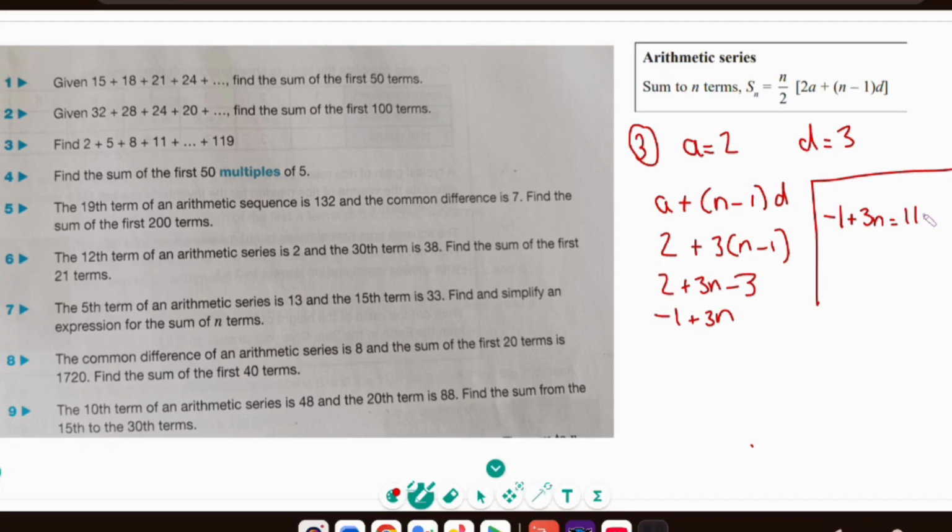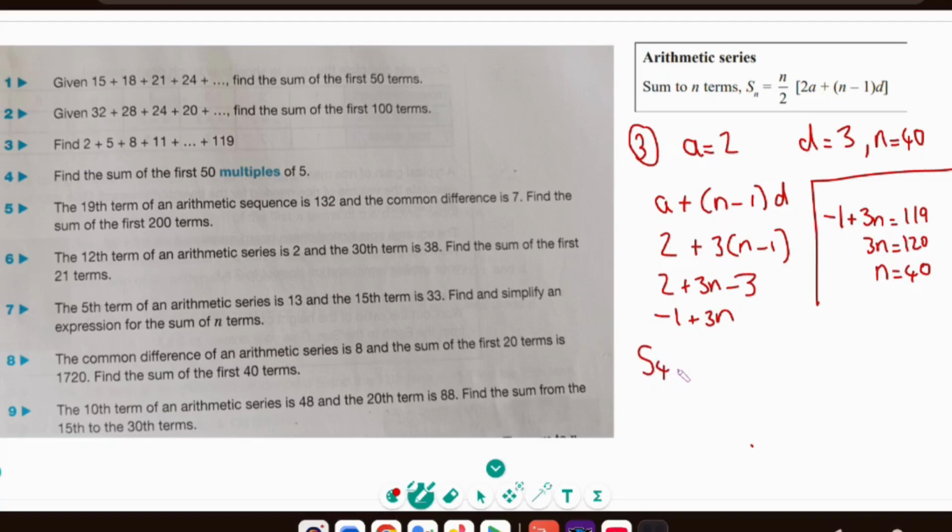Then I can work out what n is by adding 1 to both sides, dividing both sides by 3. N is 40. Now I know n, I can put the information into the formula.